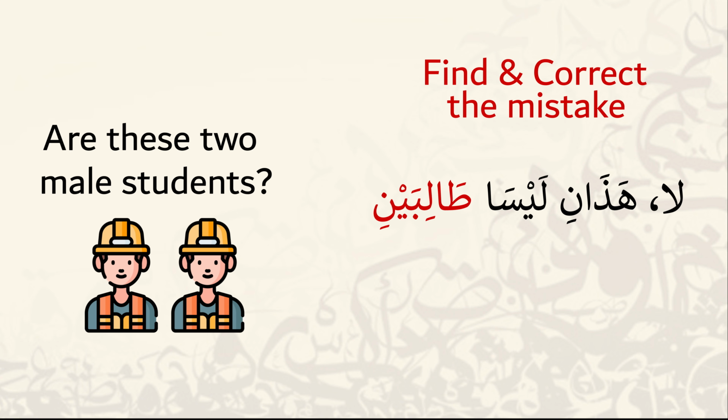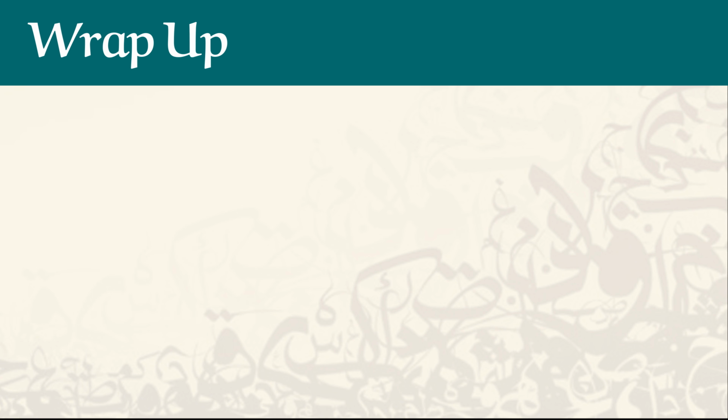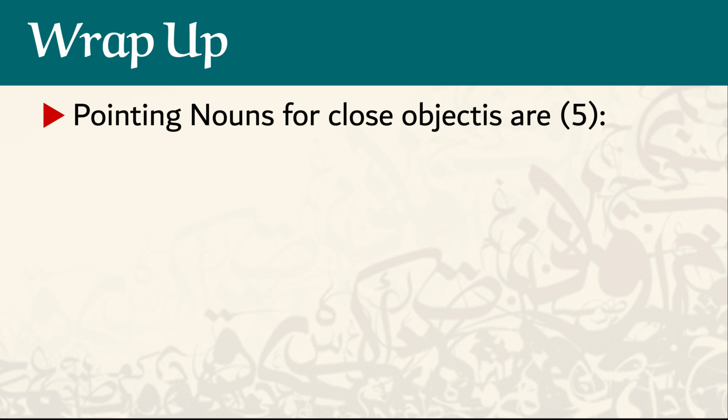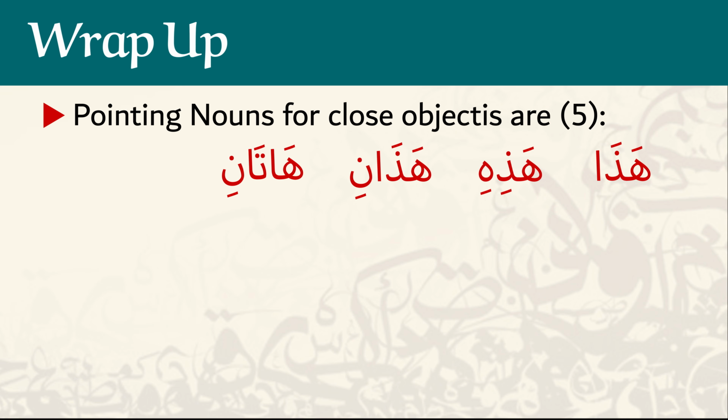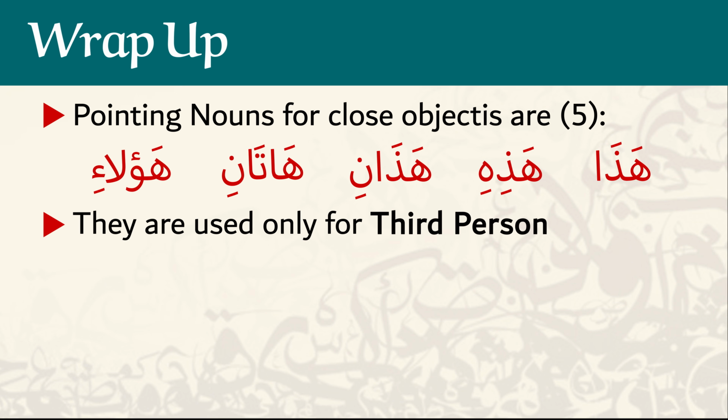Let's review the lesson of today. First, we said demonstrative nouns for close objects are 5 in Arabic. هذا, هذه, هذان, هاتان, and هؤلاء. They are used only for third person.